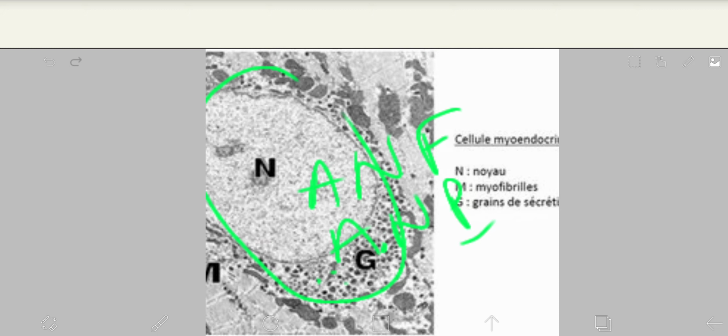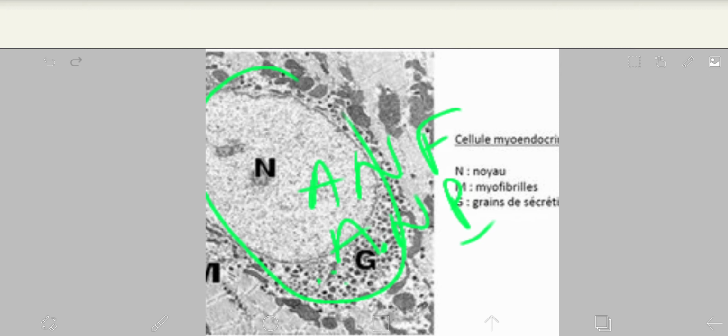And when does this happen? If this happens, that means that there is an excessive volume of blood, and that will cause an increase of the blood pressure, and we don't want that. So this hormone will act on two targets. On one side, it will go to the blood vessels and cause a vasodilation, which will decrease the resistance in the blood vessels and compensate for the increase of volume.